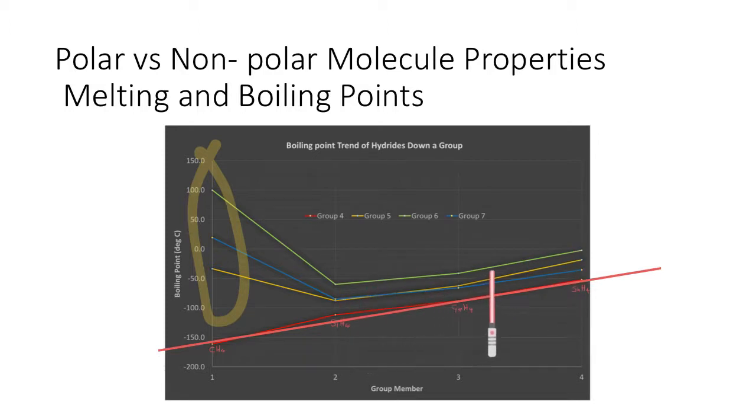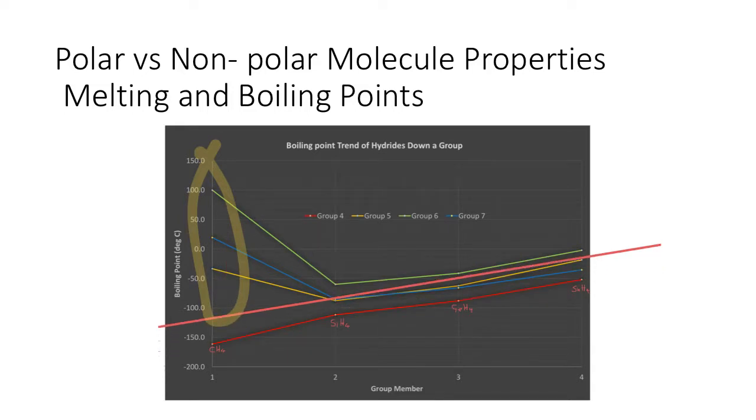So we go down the group, stronger London dispersion forces between the molecules because there's more electrons, but over at this end, they're way higher than they should be. If we're looking at group 7, hydrogen fluoride, if that was following the same trend, then we would really be expecting the boiling point of hydrogen fluoride to be down here somewhere. But it's not, it's way up here.